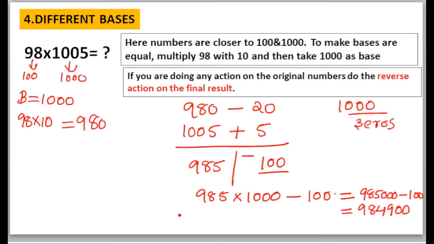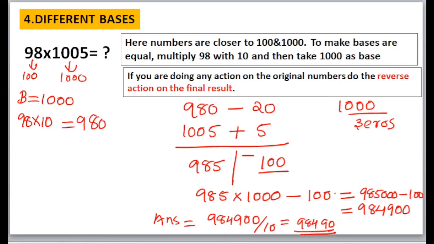But your final answer will be divided by the term, 10. 984900 divided by 10 is equal to 98490. So this is your answer.